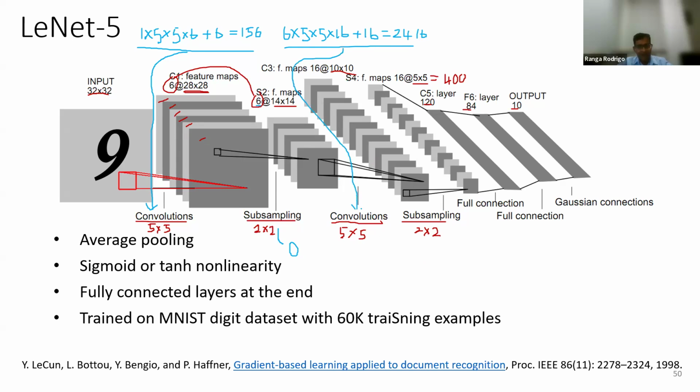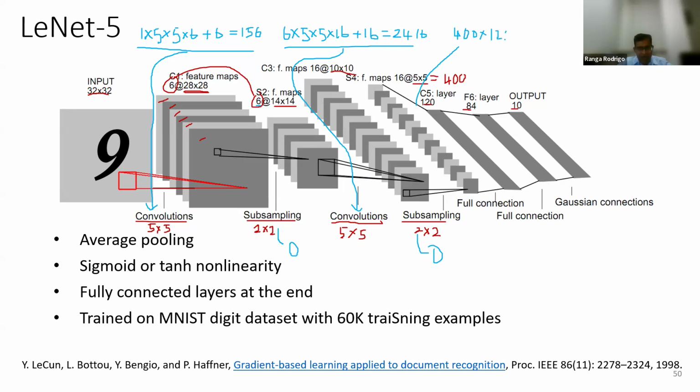Then for the subsampling, we know that there is no parameter in the subsampling, and the convolutions are over. And then fully connected. Now this output feature map size is 400 to 120 fully connected. That means 400 times 120, all are connected, right?